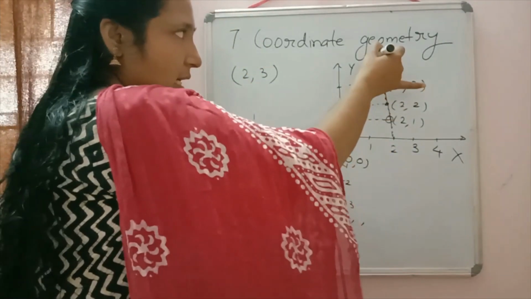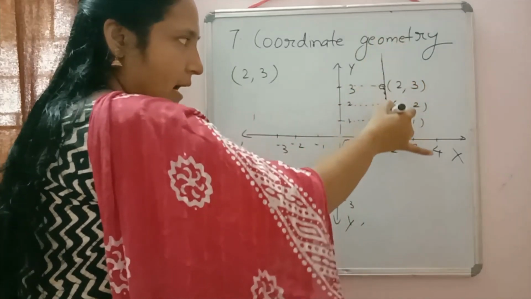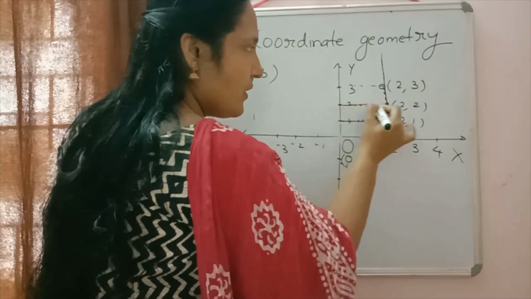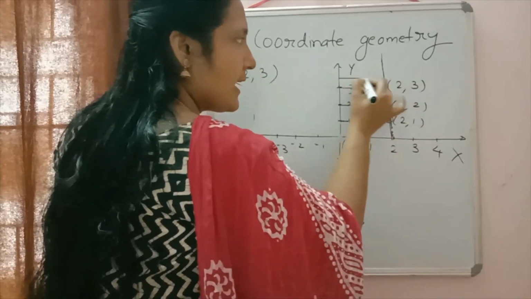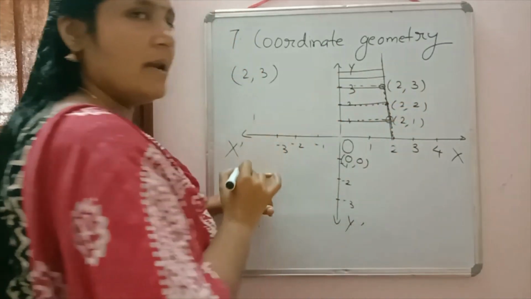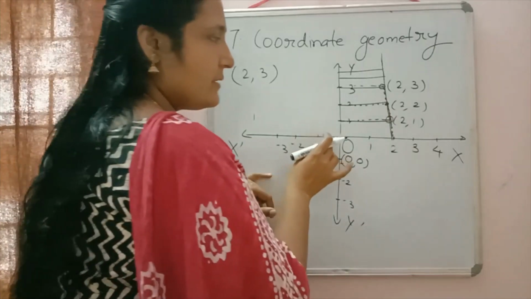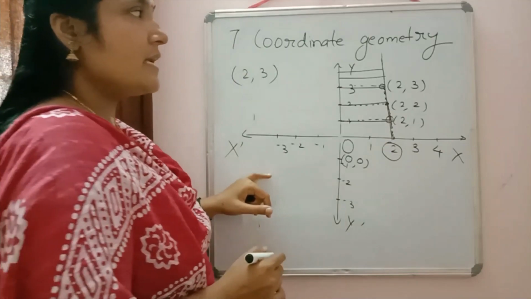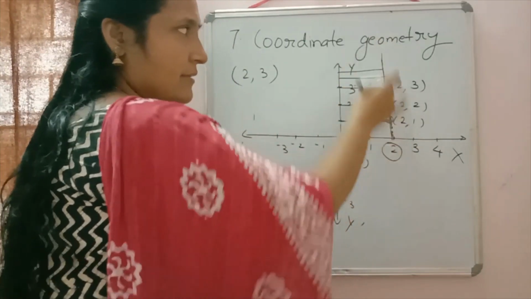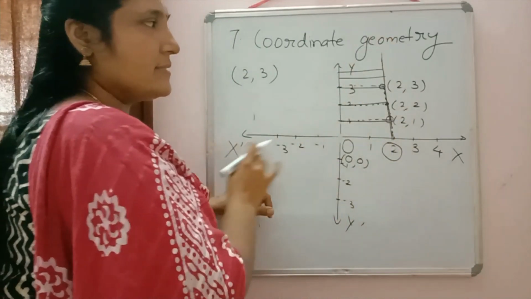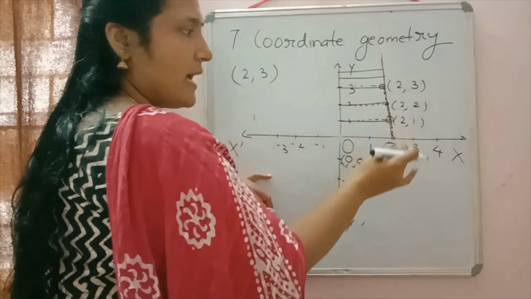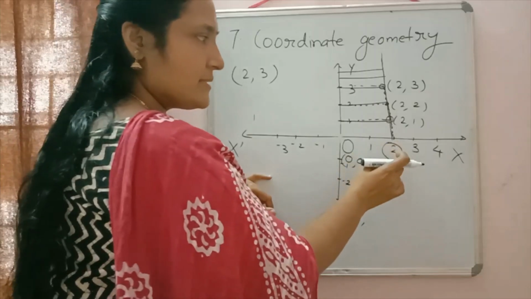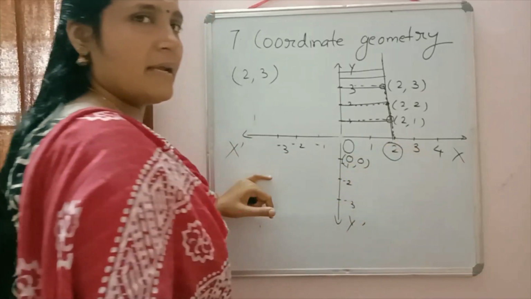As you can check, the line is parallel to y-axis, and whenever we draw a line which is parallel to y-axis, its x coordinate will remain the same. At present, the x coordinate is equal to 2. So that is the equation of a line which is parallel to y-axis. If a line is parallel to y-axis, then its x coordinate will be a constant, and in the present case, that constant number is 2.